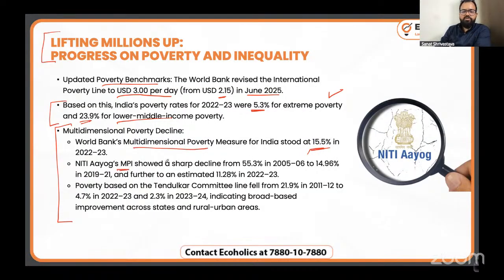The NITI Aayog MPI shows a sharp decline from 55 to 14%. Further, there is an estimate of poverty based on the Tendulkar committee, which I personally feel is too low, but you can see 21.9 going to 4.7 to 2.3. So again, it indicates broad-based improvement across states and rural-urban areas. The benchmark is too low with the Tendulkar committee, but yes, the decline in poverty is also visible.